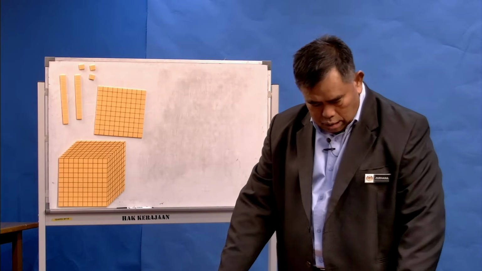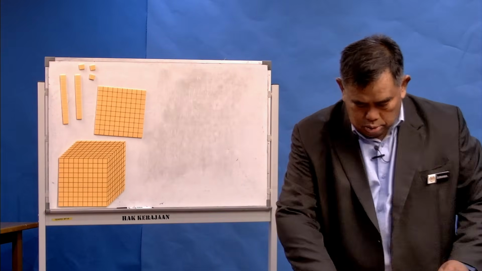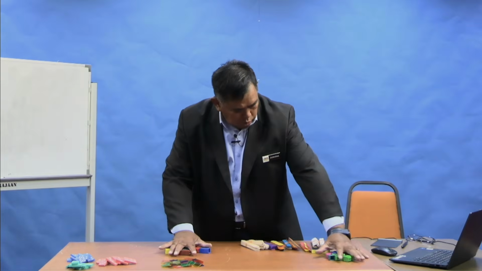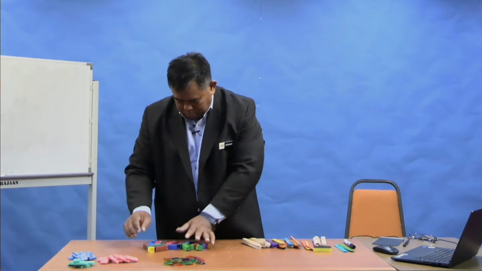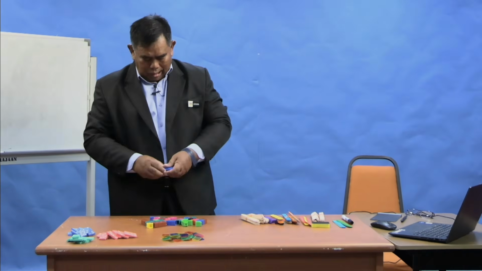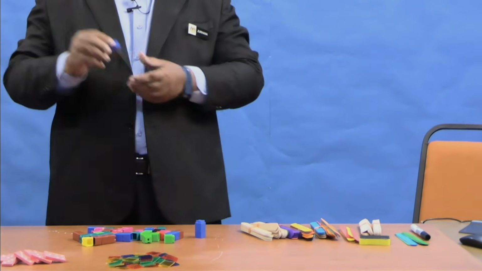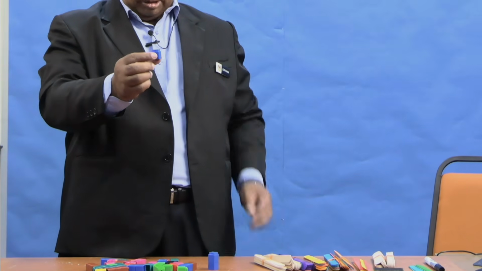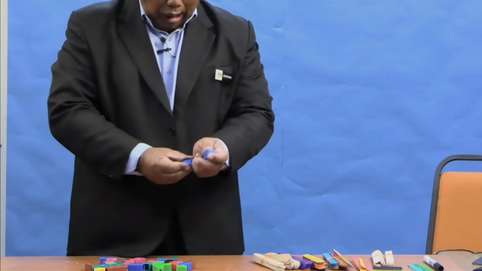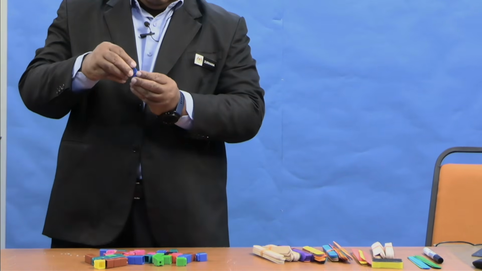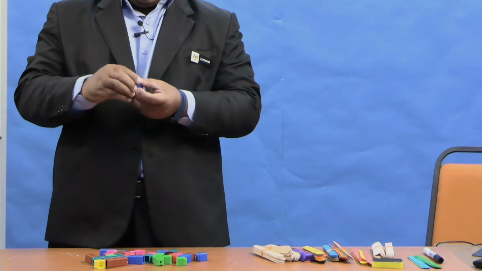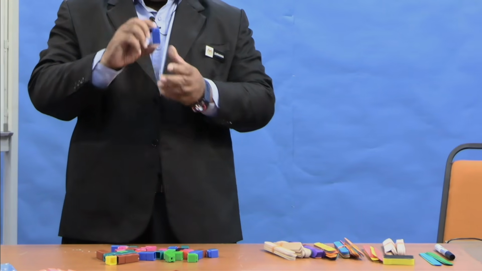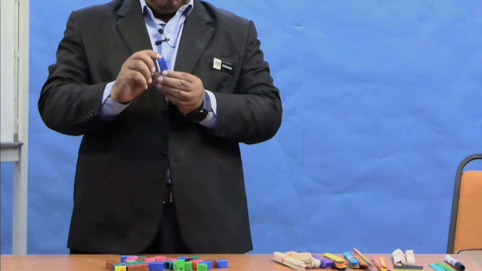Maybe I use Lego or square blocks to look for the pattern. This is 1 unit. I have 1, and I put another 1 unit of square, so I have 2.